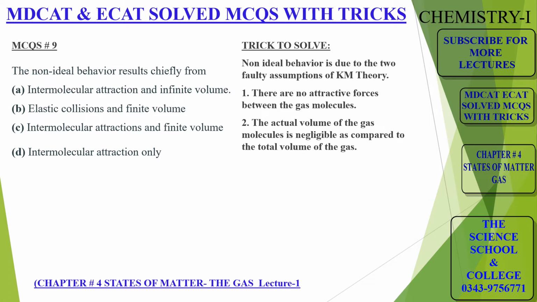The second assumption is that the actual volume of the gas molecules is negligible compared to the total volume of the gas. These two faulty assumptions of kinetic molecular theory were corrected by van der Waals. So the correct option is option C, intermolecular forces and finite volume.